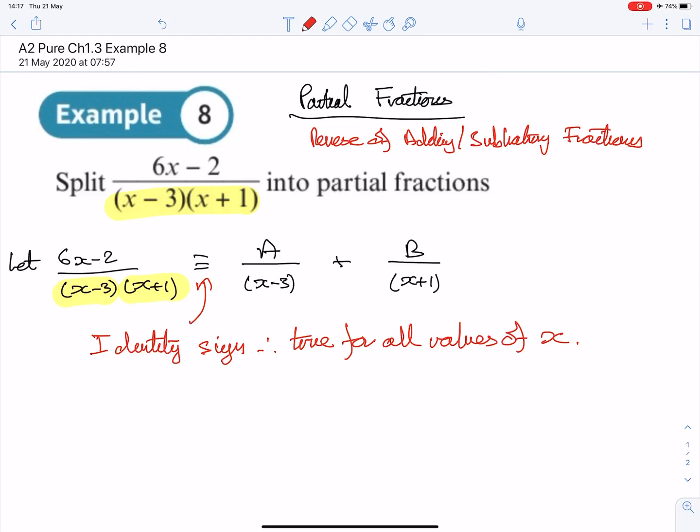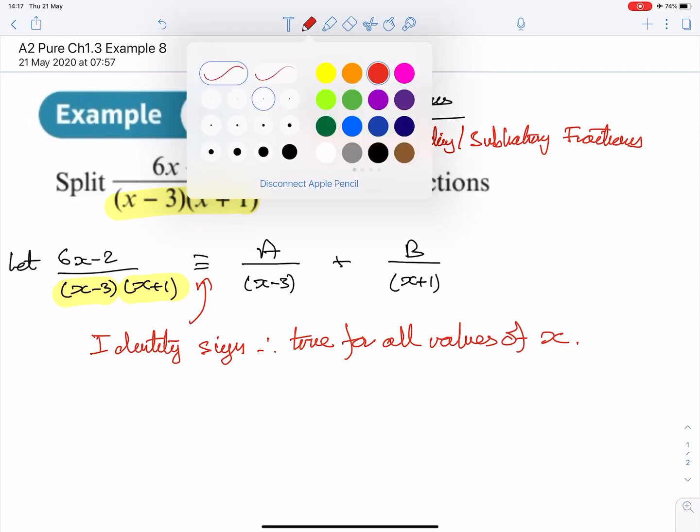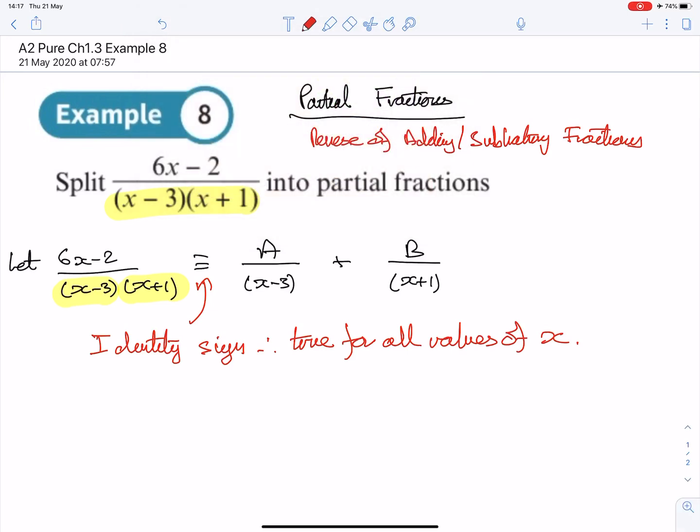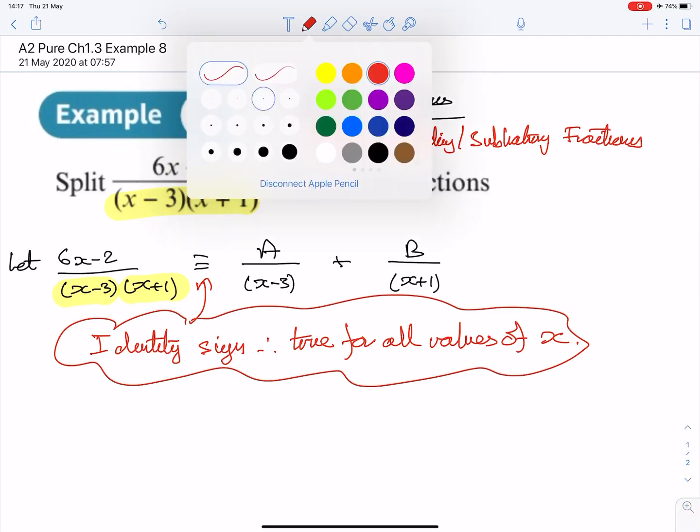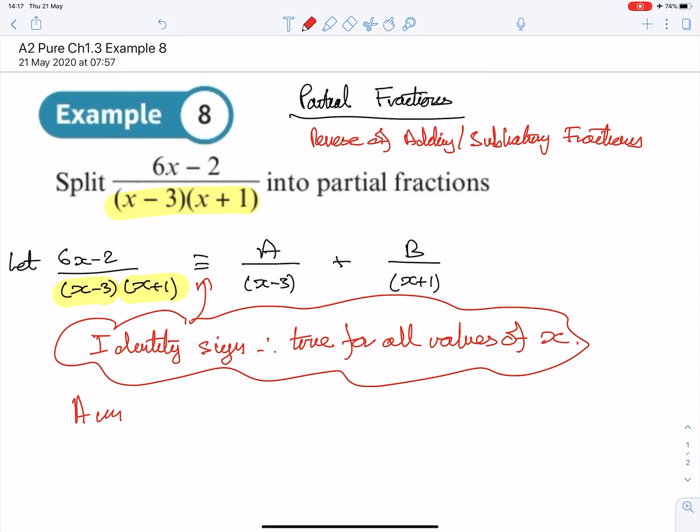Okay. So our objective here is to find A and B.